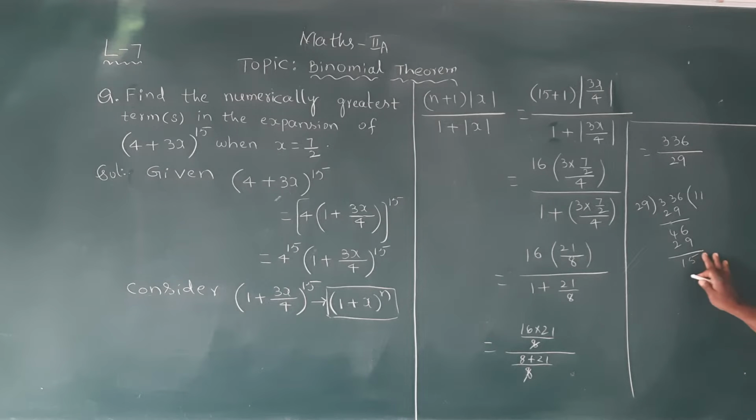Now this is 17. Now take the decimal point and 0. 29 eights are 232, and so on. Take 29 sixes are 174. So what will come here? 5. Enough.